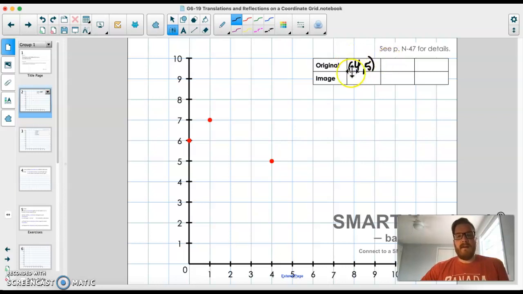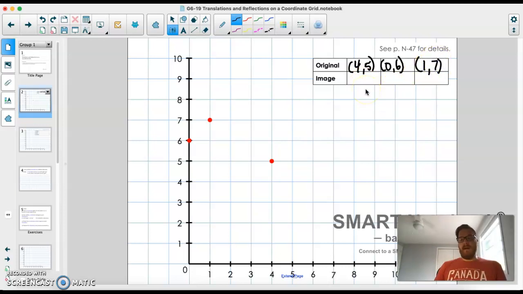So this one's at 4.5. This one is at 0.6. And the last one is at 1.7. And then I need to make sure I close the bracket.